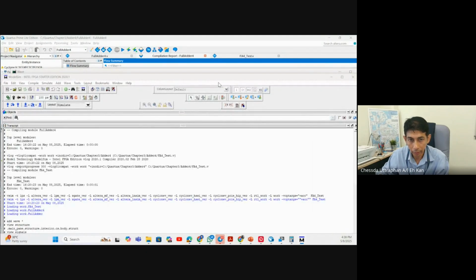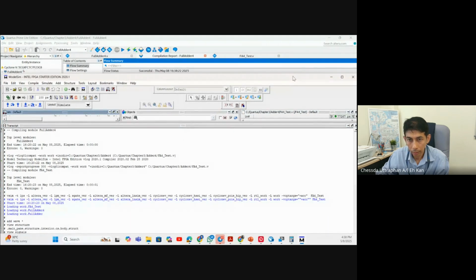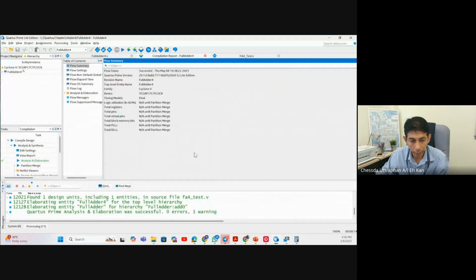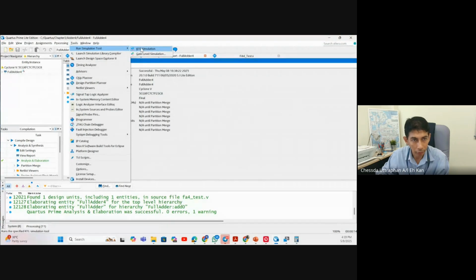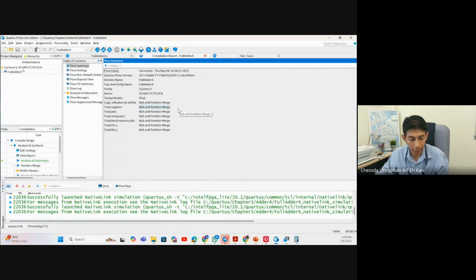But if you have a different project, you can have many ModelSim open at the same time, right? But this is the same project, so you need to close all the ModelSim for this project and run again. If not, you will get an error when you want to run the simulation.